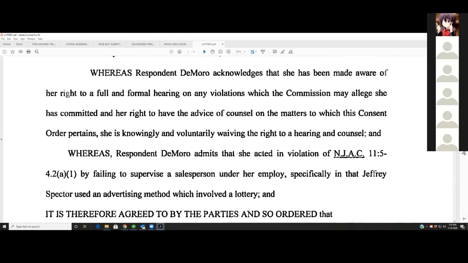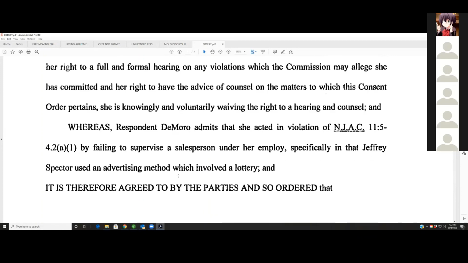She acted in violation by failing to supervise a salesperson under her employ, specifically in that Jeffrey Spector used an advertising method which involved a lottery.